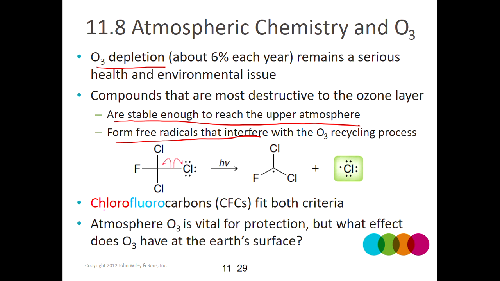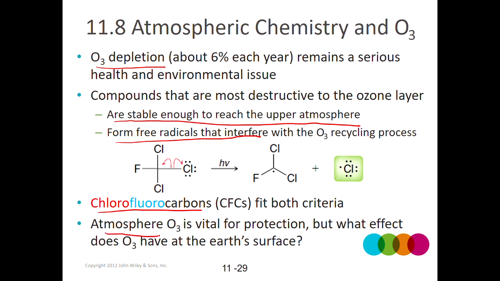So these chlorofluorocarbons, or CFCs, which involve chlorine, fluorine, and carbon, are really not good. They're stable enough and low in molar mass enough that they are a gas and they go up into the atmosphere when they're released in the environment. And then they can absorb light and break open, and then these radicals can start coupling with oxygen and depleting the amount of O3 regeneration that should naturally occur in the atmosphere.